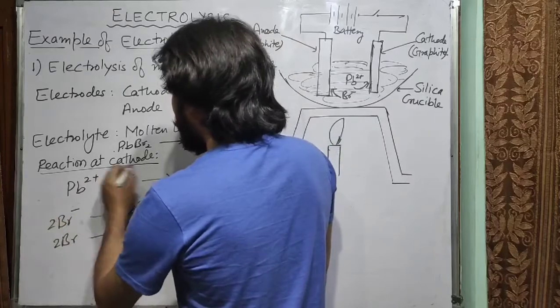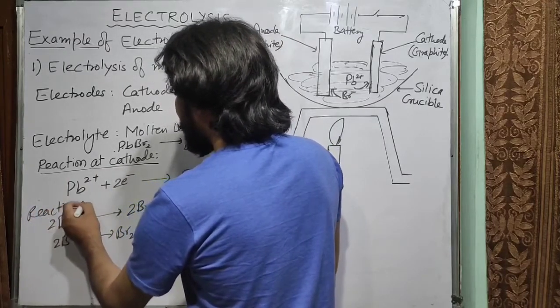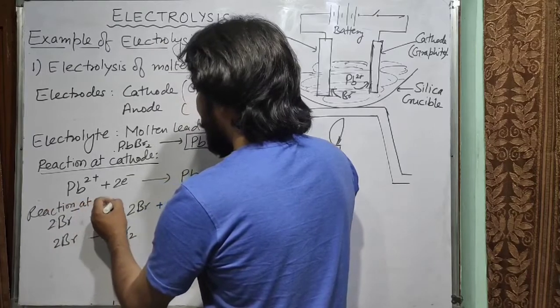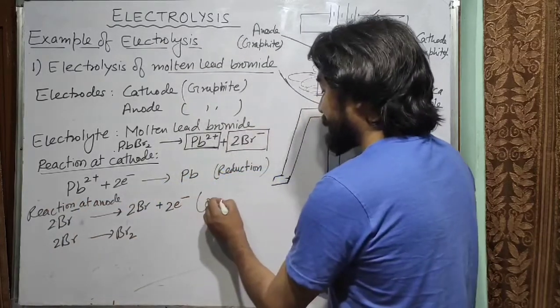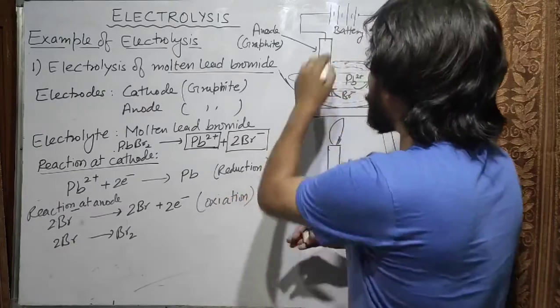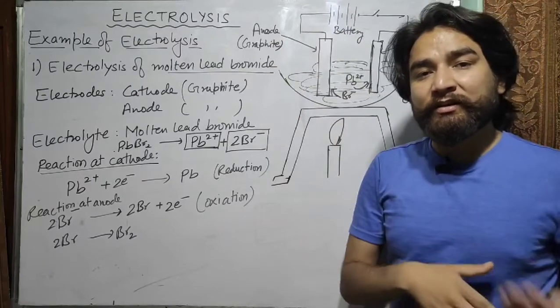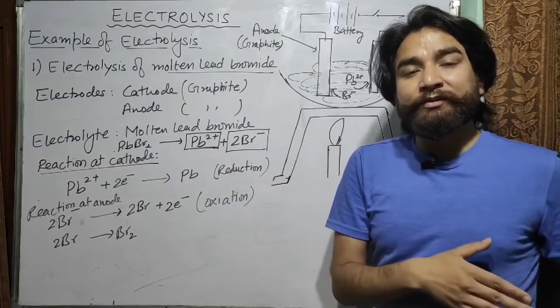So you can see this is the reaction at cathode and this is the reaction at anode. So at anode oxidation will take place.